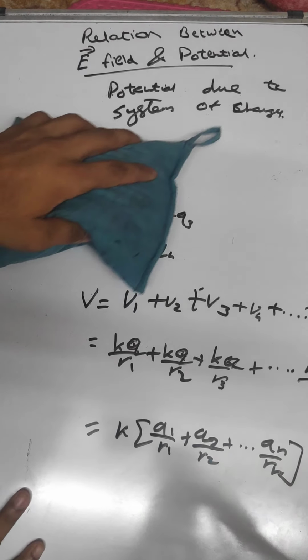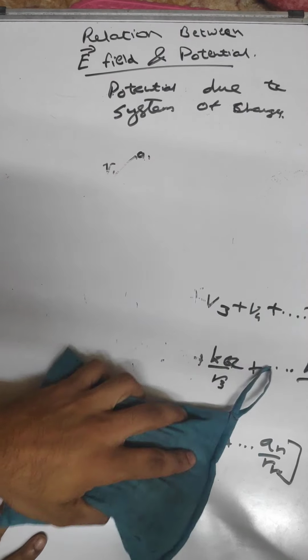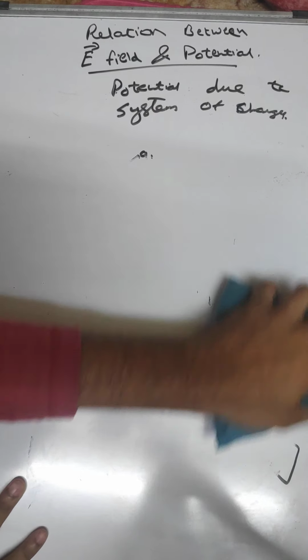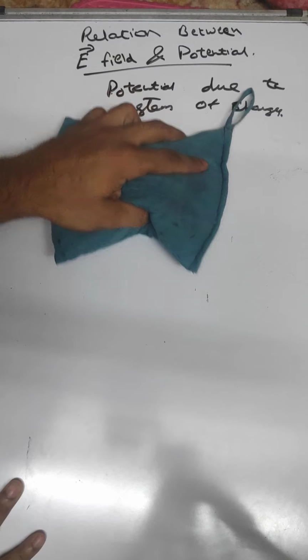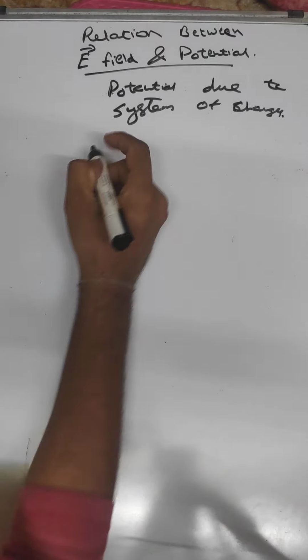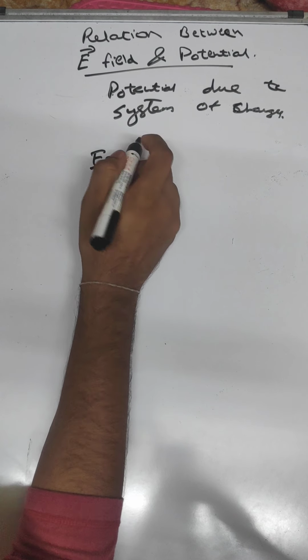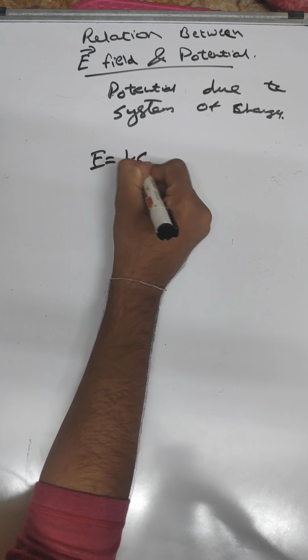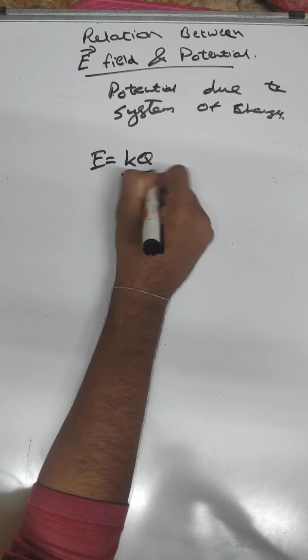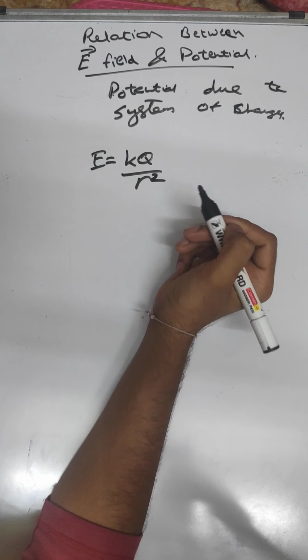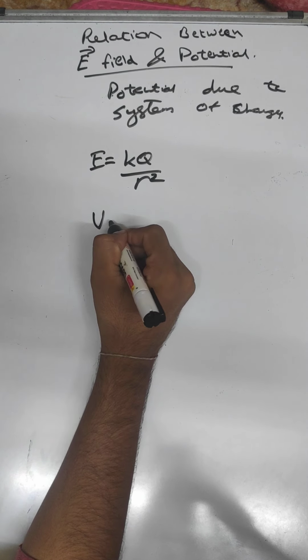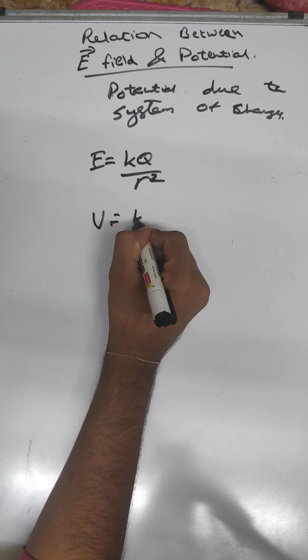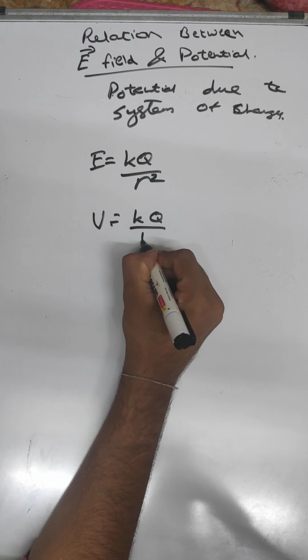Okay, so last time we have already studied the electric field of a sphere due to the charge on its surface. What was the formula for it? Just remember the formula. The formula was kq by r square. So the electric potential due to a sphere will be kq by r.